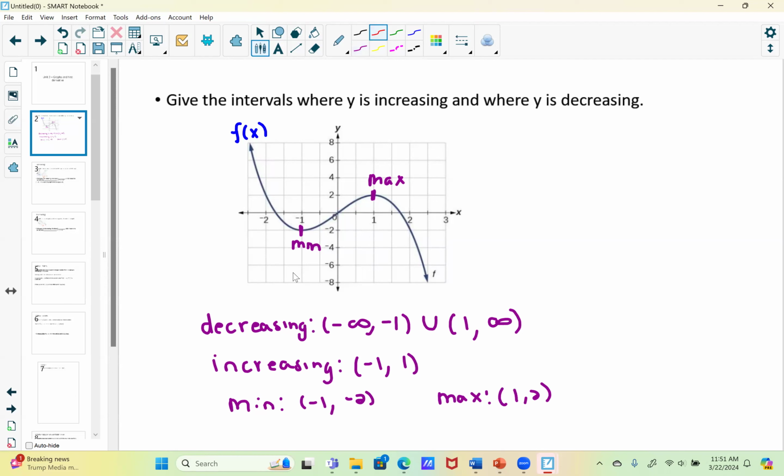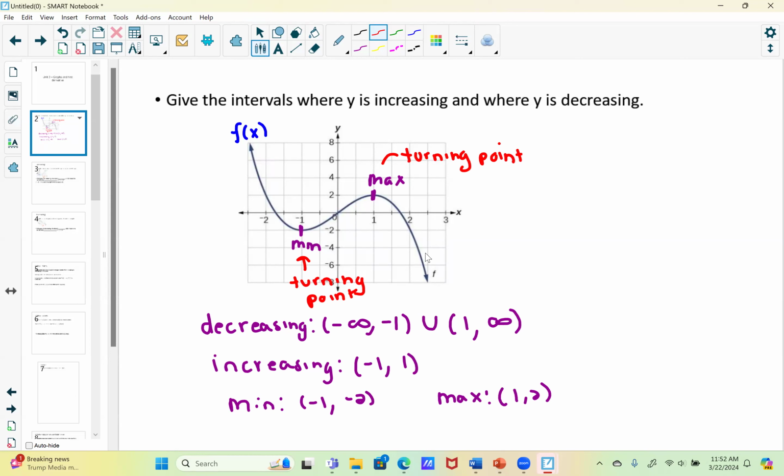And these points, max and mins, are called turning points. That is where my graph changes direction. So it's changing from decreasing to increasing at the min, and at the max, it's changing from increasing to decreasing.